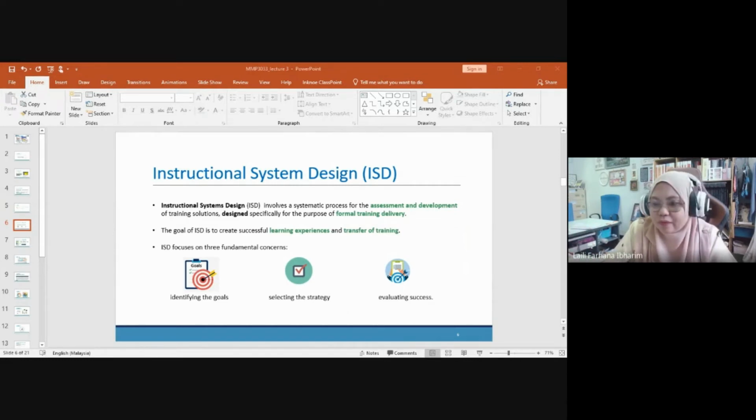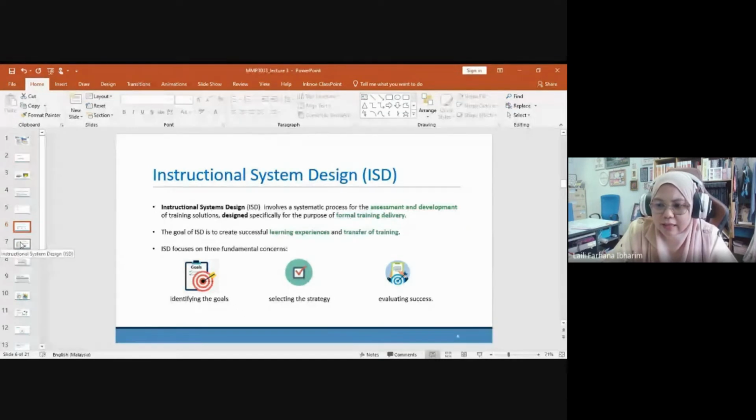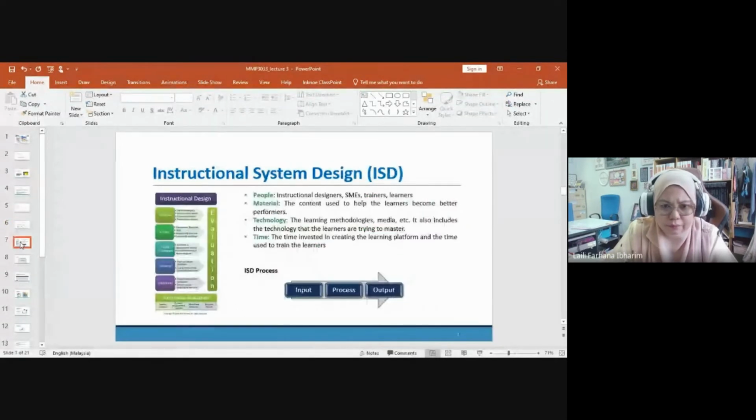Okay, all right, and then in ISD, usually there is this common component that we have in the ISD, or in the instructional design, which is we have the analysis, we have design, we have develop and implement.